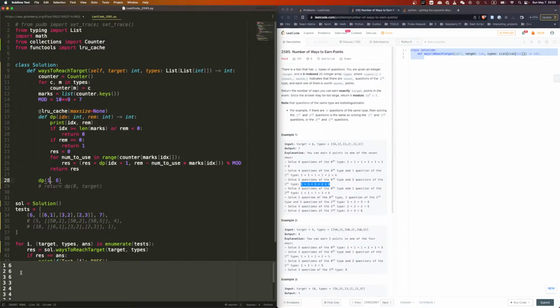That is very interesting. This does not return true. I'm at position 1, right? I have remaining is 6. When that happens, counter marks 1. Marks 1 should be 2. So this is 3. Then we go to 2.